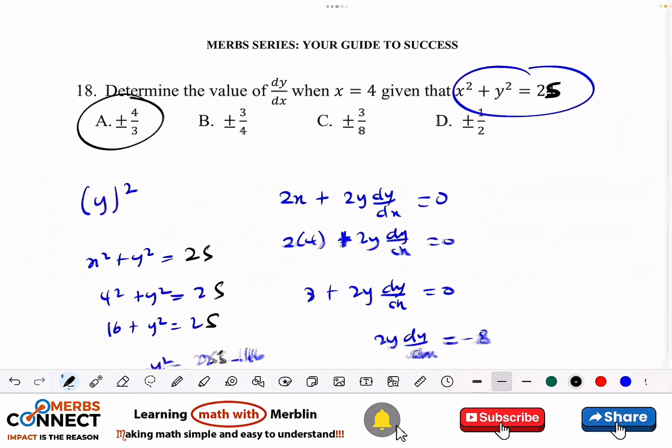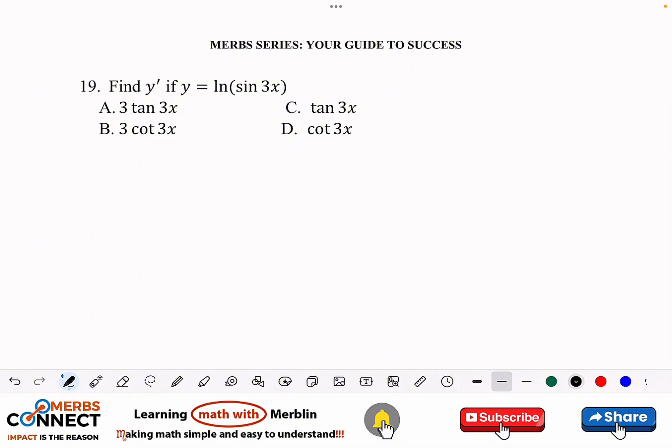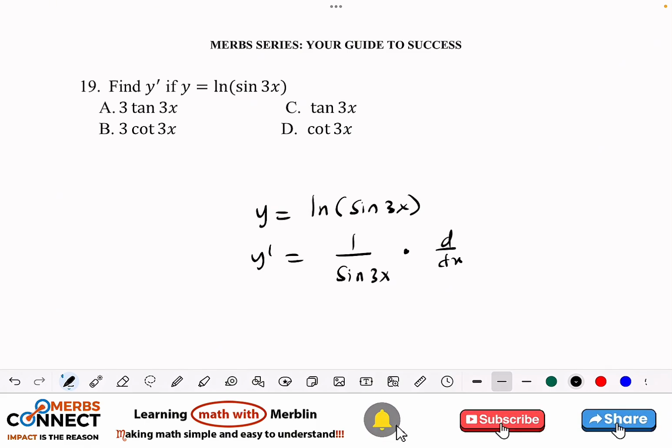Okay, I think it's good that I solved this one. Now let's do 19. We do 20, then we are done. So here y is equal to the log function of sine 3x. So we know how to differentiate a log function: 1 divided by what is inside the parentheses, times the derivative of what is inside the parentheses, which is sine 3x.